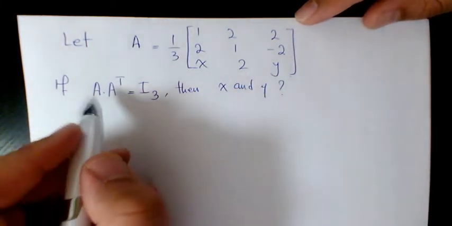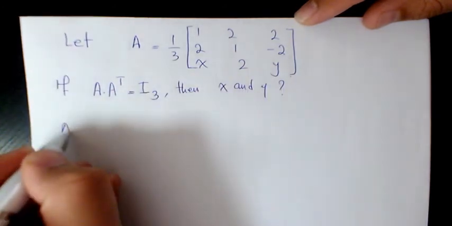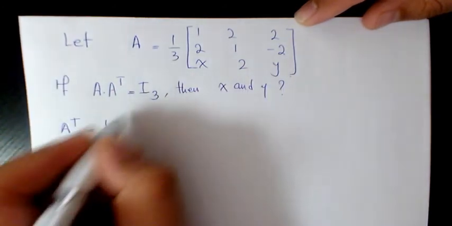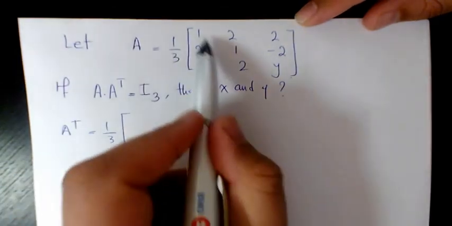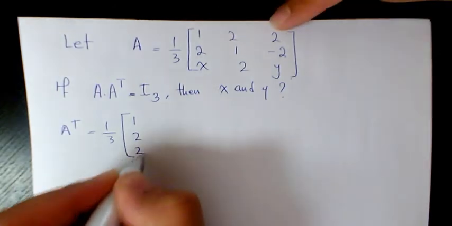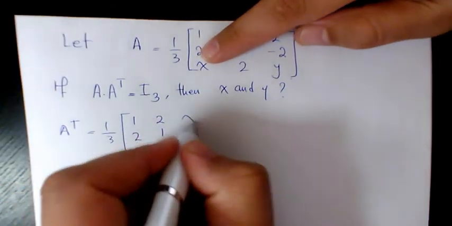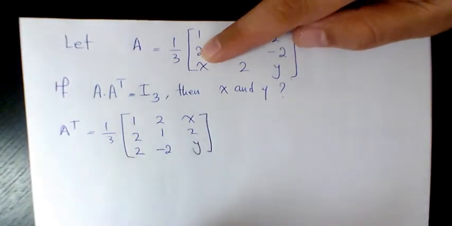So here we have A. A is going to be 1 over 3. We just make its transpose, which is going to be 1, 2, 2, 2, 1, negative 2, and we have x, 2, y. This is going to be the transpose.